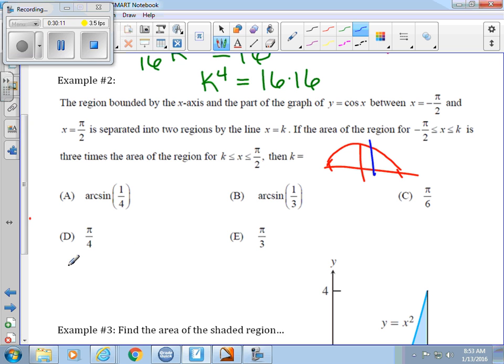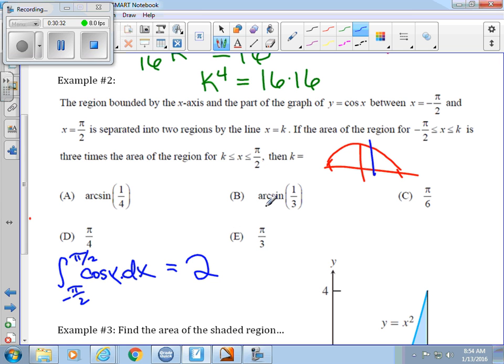Could I find the integral from negative pi over 2 all the way to pi over 2 of cosine of x? You actually need to do that work. I am going to cheat and tell you that answer's 2.